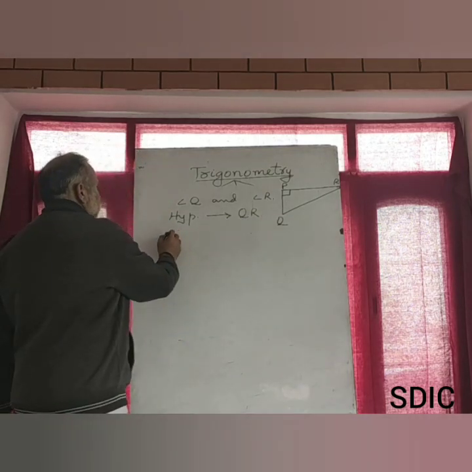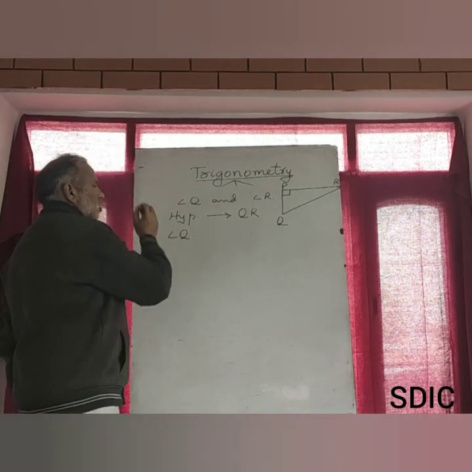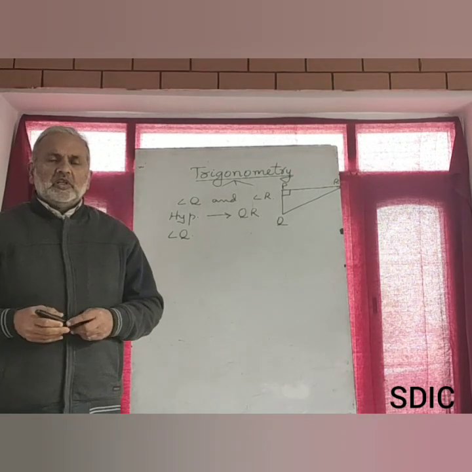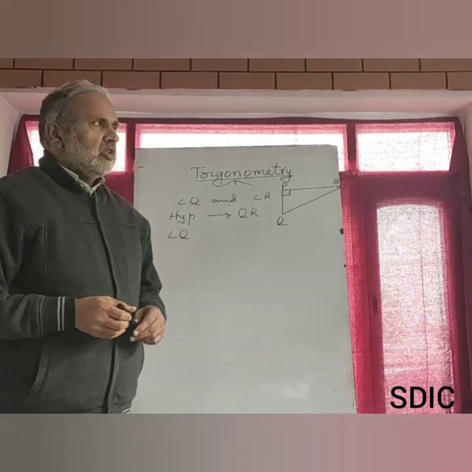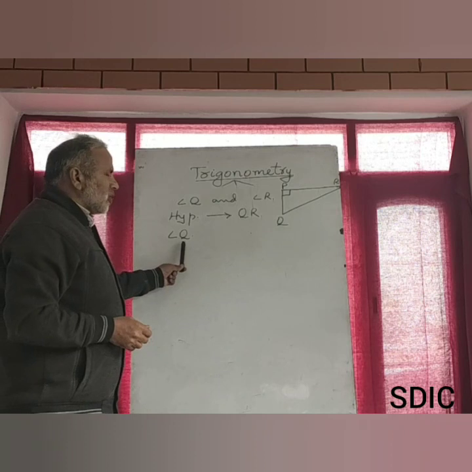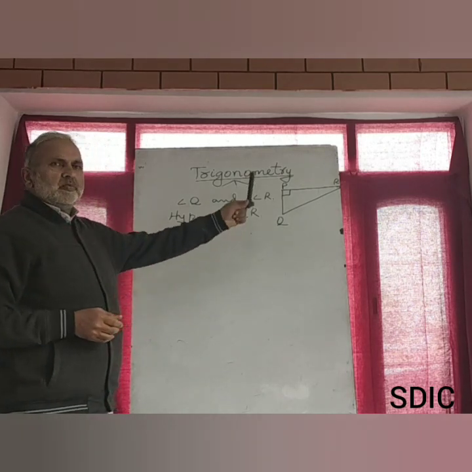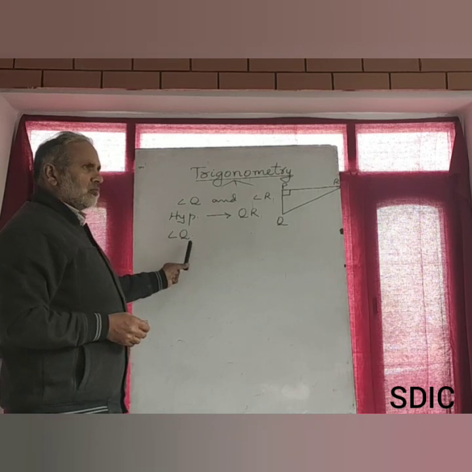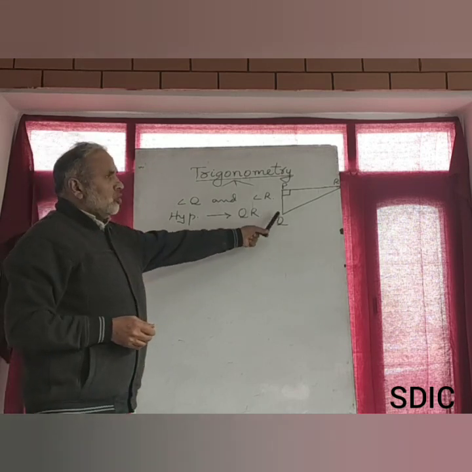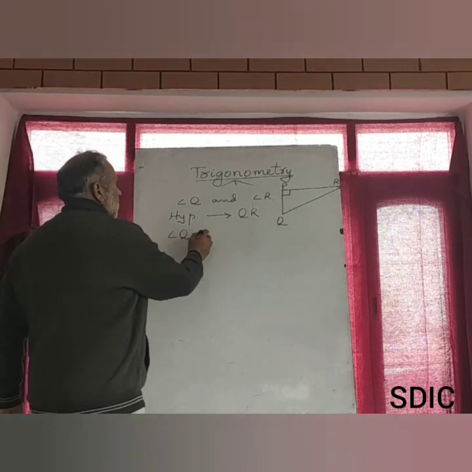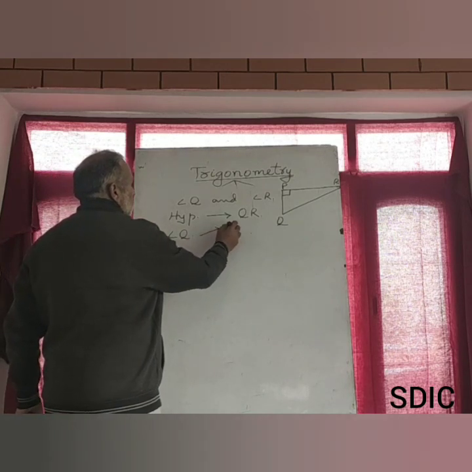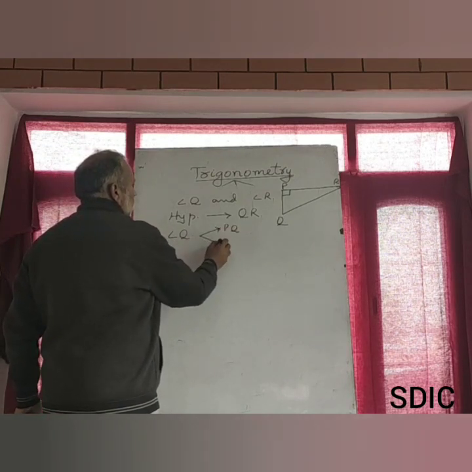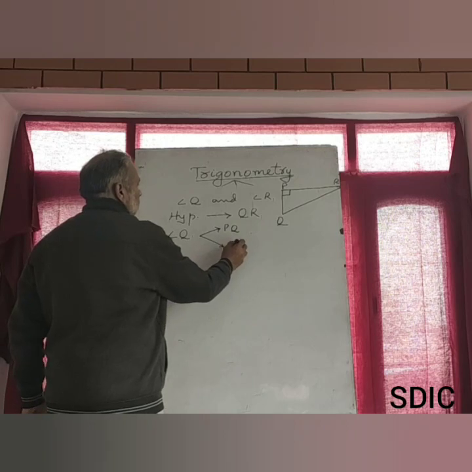Let us first choose angle Q as the acute angle. And now, to find which side with respect to angle Q will be the base and the perpendicular, you have to first find the arms of this angle Q. Arms of this angle are PQ and QR.